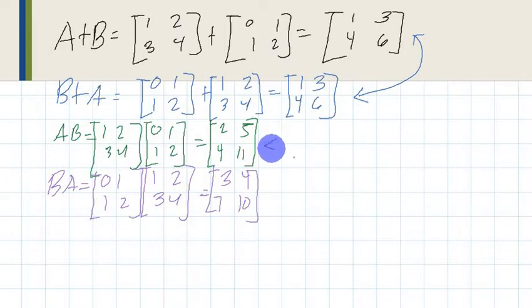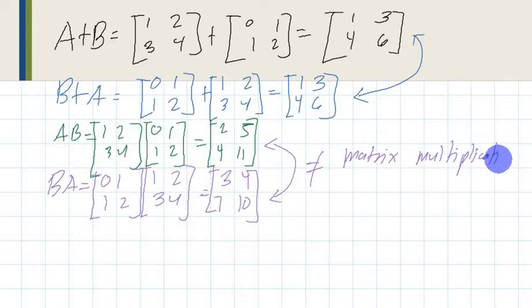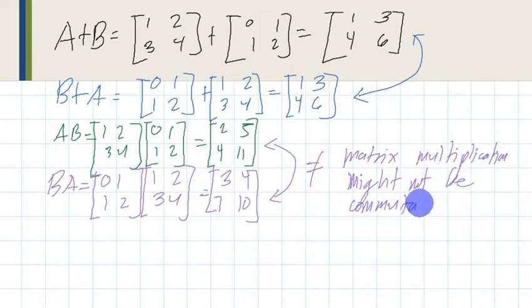And here, as you can see, they are not the same matrix. They may be the same size, but not the same matrix. So this gives us a hint that matrix multiplication might not be commutative, unlike matrix addition.